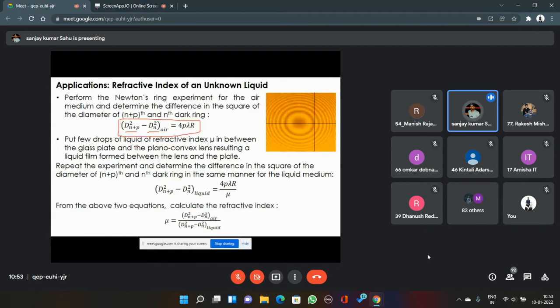Now, generate again the Newton ring pattern and do the same measurement. D(n+p) square minus D(n) square will be equal to 4pλR divided by μ, where μ is the refractive index of the liquid.